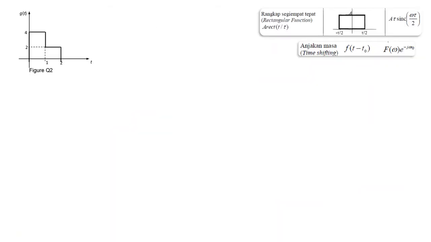In this example, I would like to divide this g(t) into a combination of g1(t) plus g2(t). So you need to write the equation of g1(t) plus g2(t).